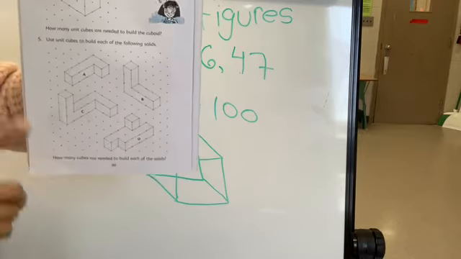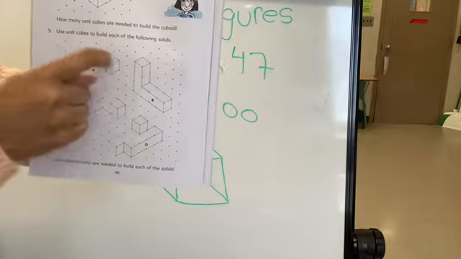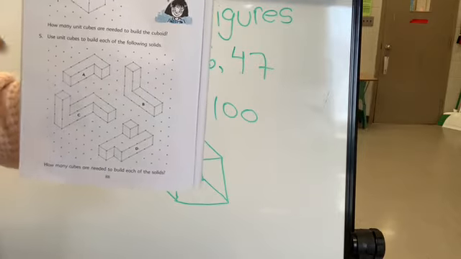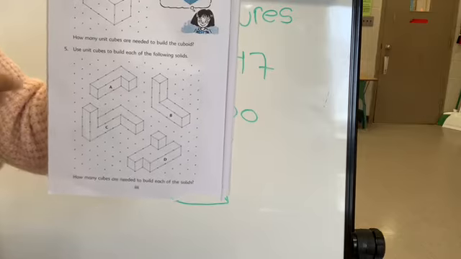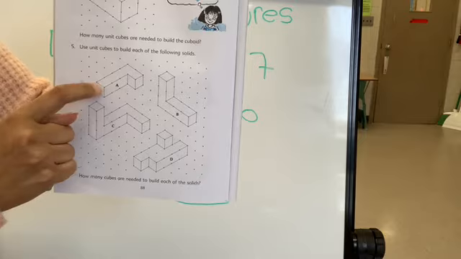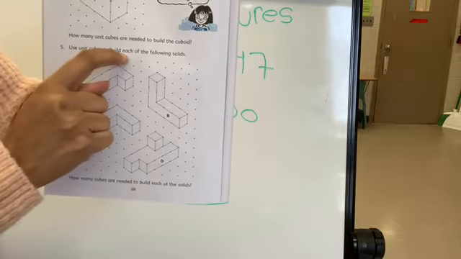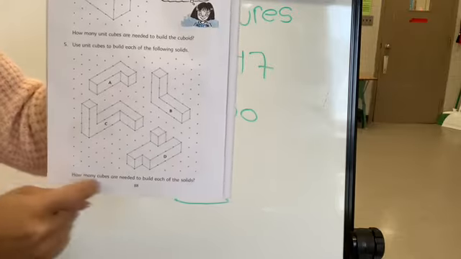Now grade 4s, I'm going to ask you to look at these figures and listen very carefully. You're going to draw very light lines with your pencil, very gently, to count how many cubes they've used to build the following solid figures.